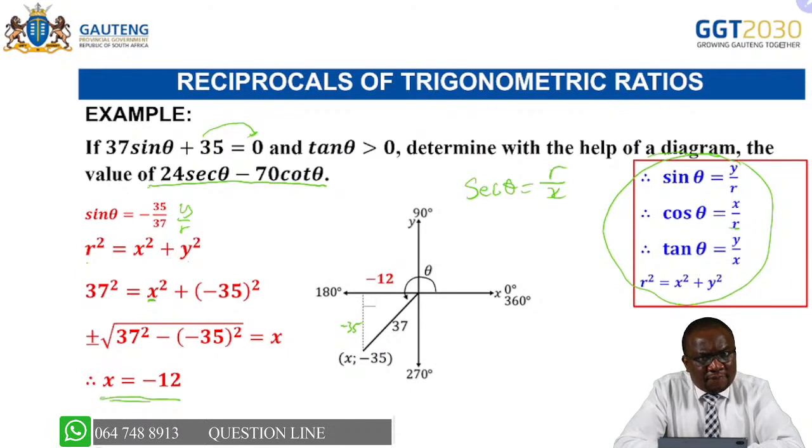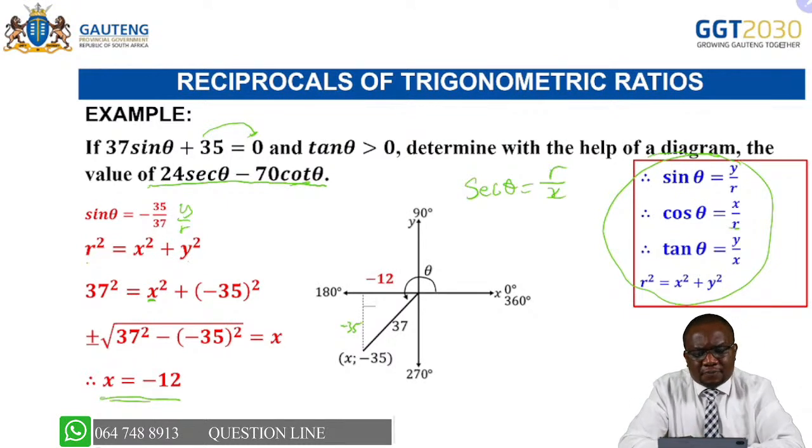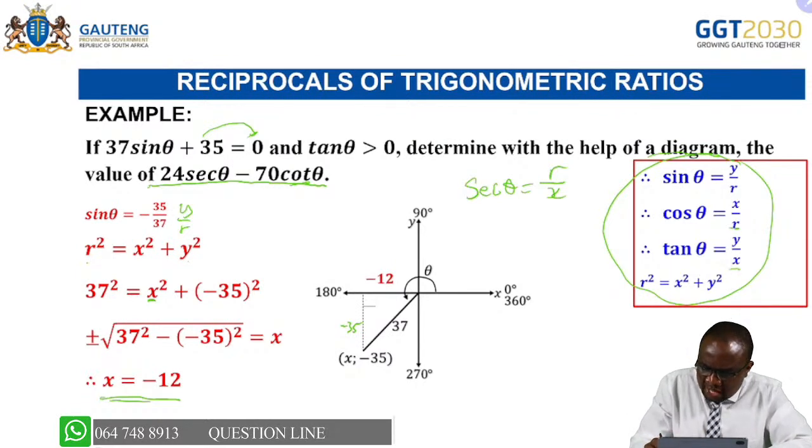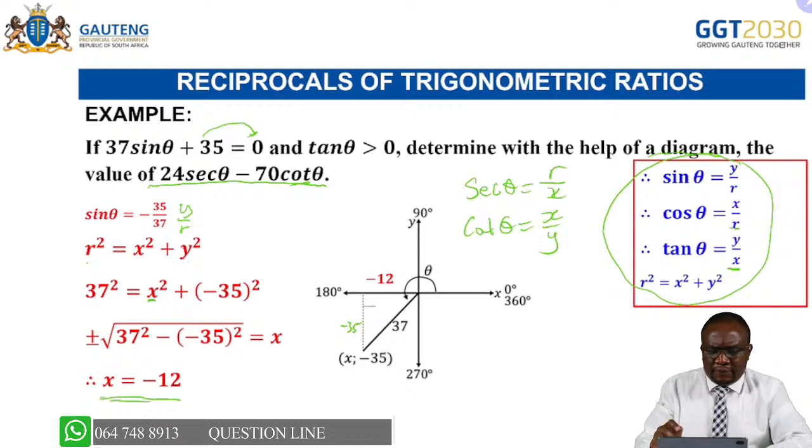Do we agree? And then cot theta is the reciprocal of tan theta. Tan theta is y over x, so cot theta is going to be x over y. You see that?